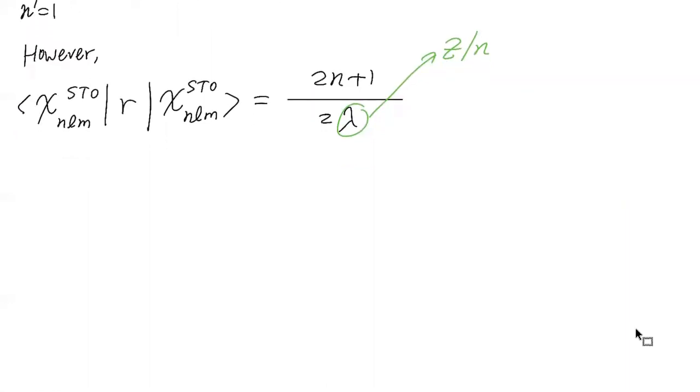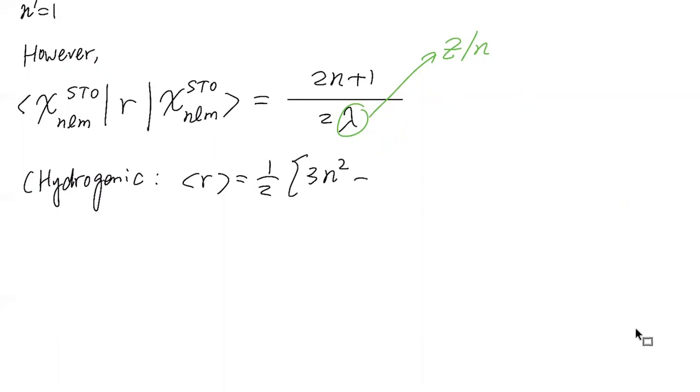For a hydrogenic system, the expectation value is 1/2 (3n² − L(L+1))/Z. Of course, this is in atomic units.